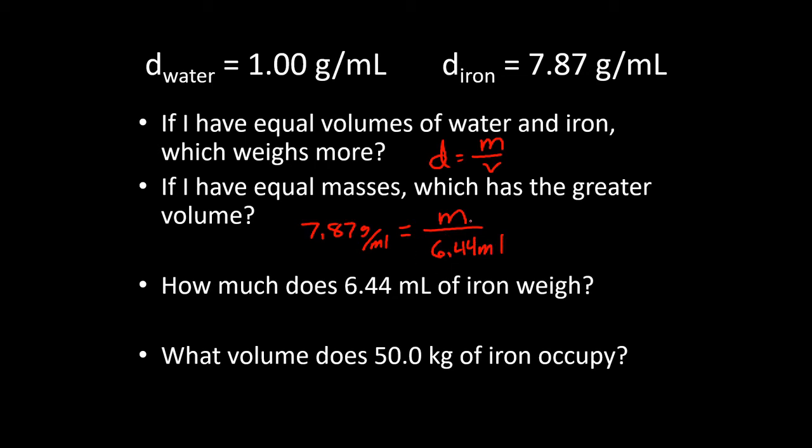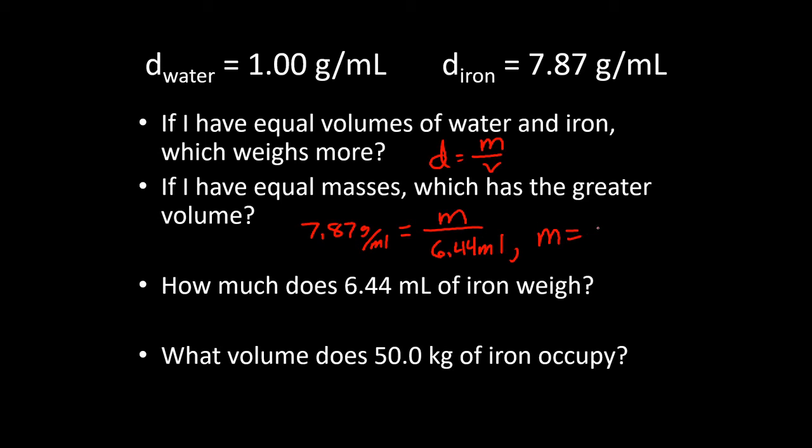So we just plugged in what we knew into the equation here. If we're trying to solve for the mass, we need to get it by itself. The easiest way to do that is just to multiply both sides by 6.44 mL.